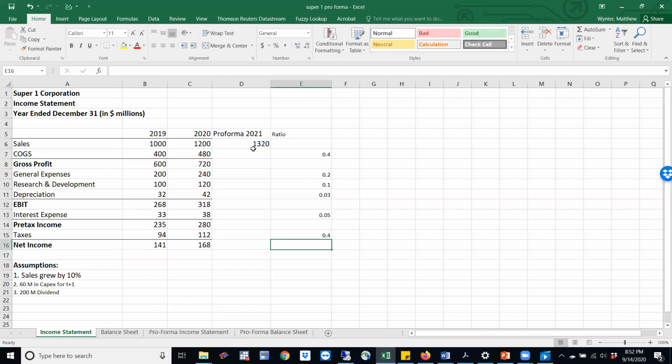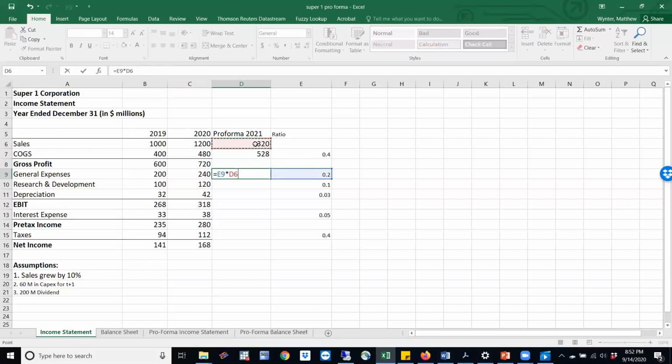I expect that my sales are going to increase by 10%. So my cost of goods sold, I'm now going to take that ratio and multiply it by my projected sales for 2021. My general expenses, I'm going to take my ratio and multiply it by my sales for 2021.